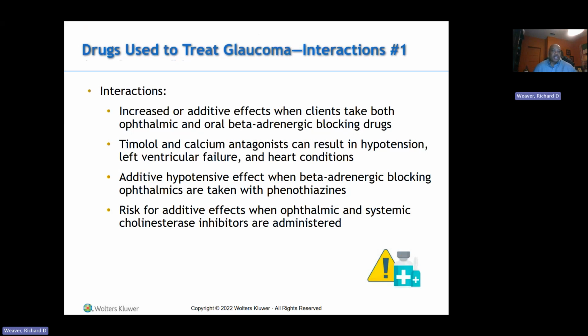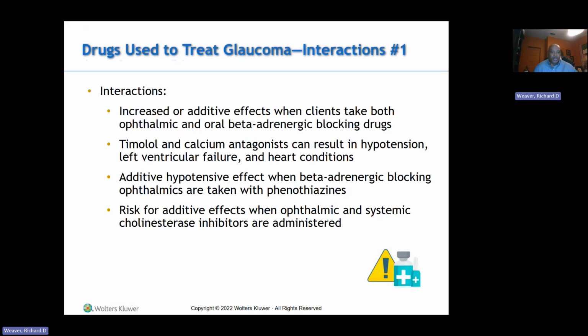Now, co-administration of timolol and calcium antagonists can cause hypotension, since these drugs have the ability to lower the blood pressure as it is. It can also result in left ventricular failure, and conduction disturbances within the heart itself if the patient has some kind of heart condition.